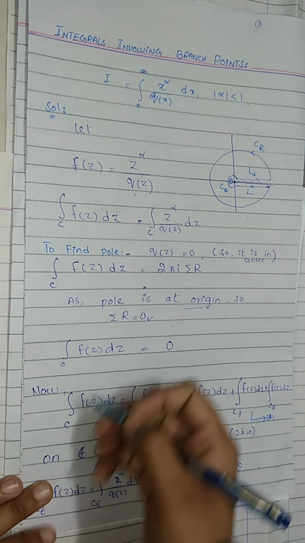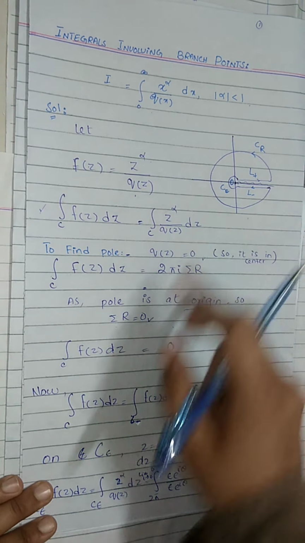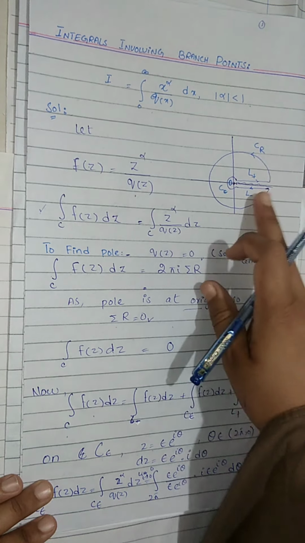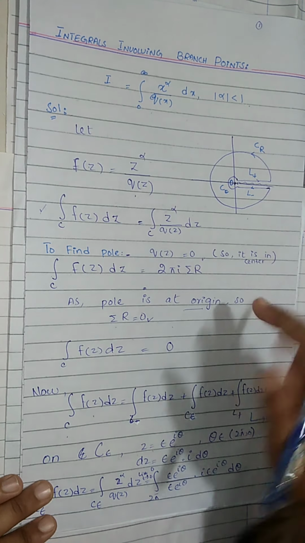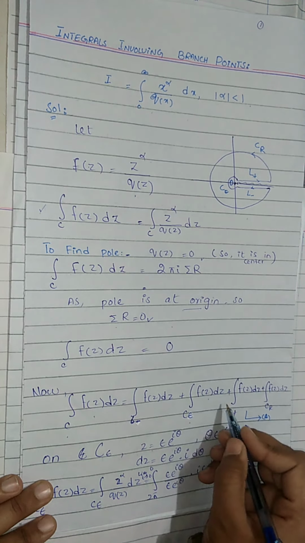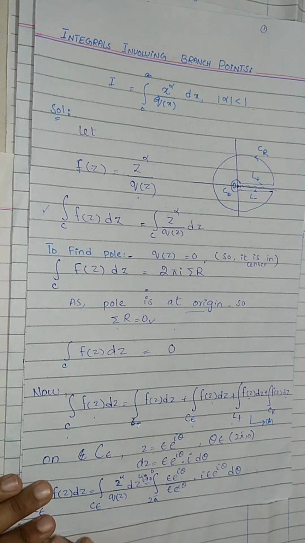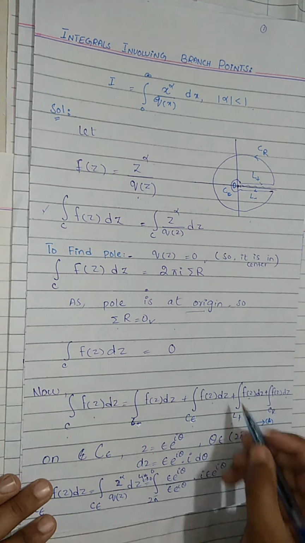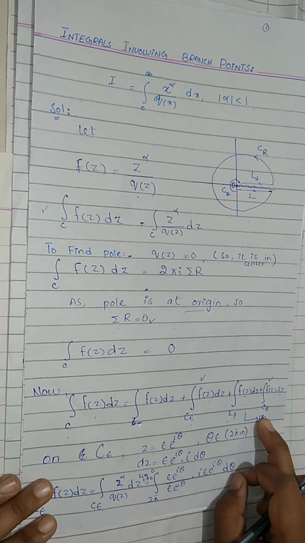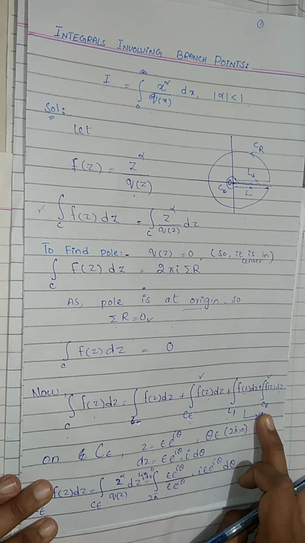Now, by using the Cauchy principal value, we break this contour into parts: the contour integral of f of z dz is equal to the integral along L minus, plus the contour C epsilon, plus the integral along L plus, plus the contour C R. If R approaches infinity, then the integral along the big circle C R approaches 0.